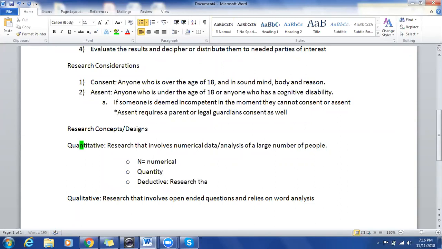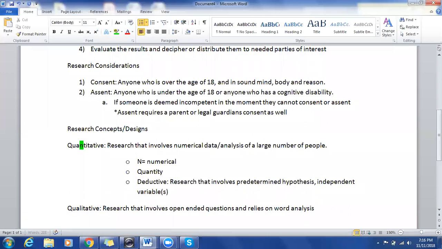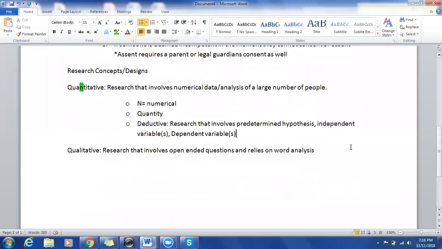That is research that involves a predetermined hypothesis, independent variables, and dependent variable and/or variables, because we could be running a research study that involves multiple components, but simplistically we have predetermined factors to look at.